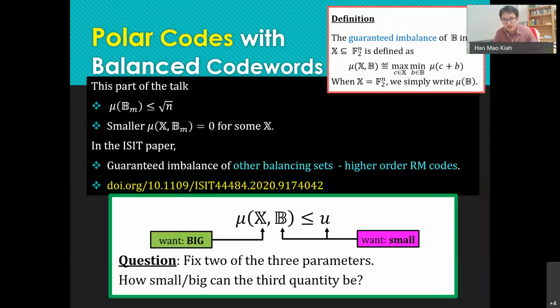Basically, the minimum weight words of these codes are actually affine subspaces, and we use that to upper bound the imbalance. We have not tried to use polynomial representation. It might work, but it wasn't very obvious to us how to adapt it to guarantee the imbalance.